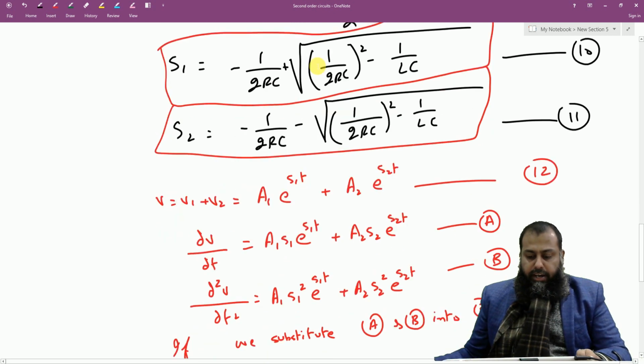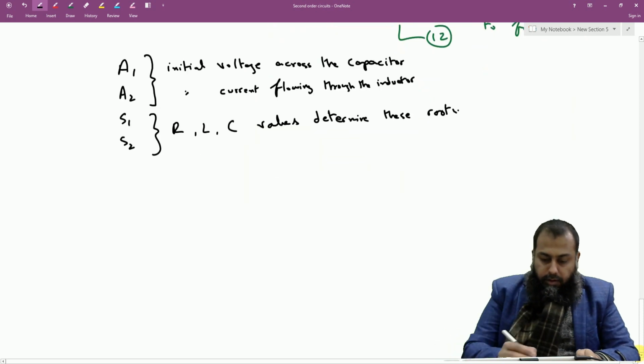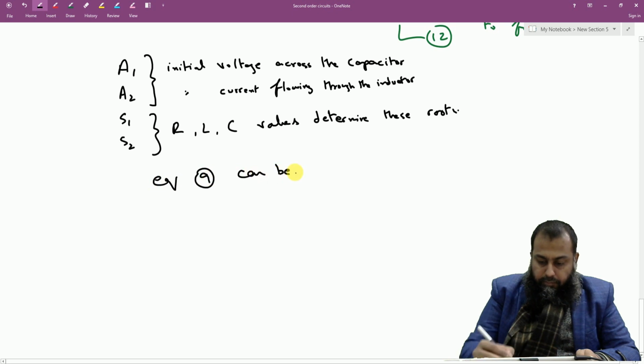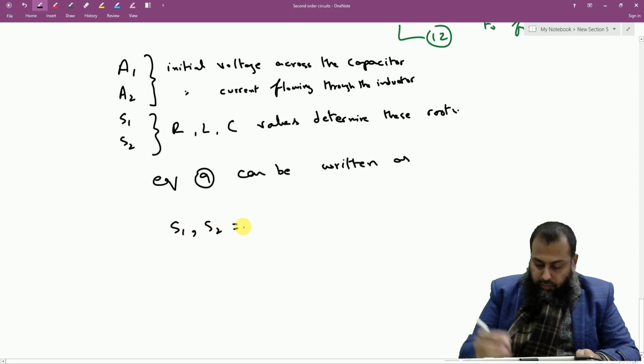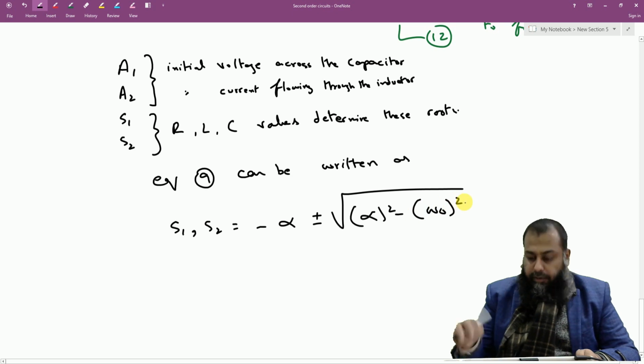So equation number 9 can be written as s1 comma s2 is equal to minus alpha plus minus square root of alpha square minus omega naught square, right?